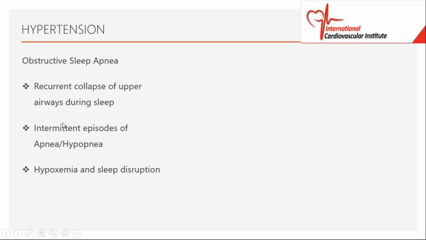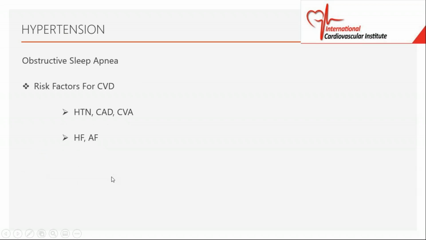So they have intermittent episodes where they stop breathing, or they may have shallow breathing. They may be apneic or hypopneic, and so they become hypoxemic, develop hypoxia during sleep, and have frequent sleep disruption.